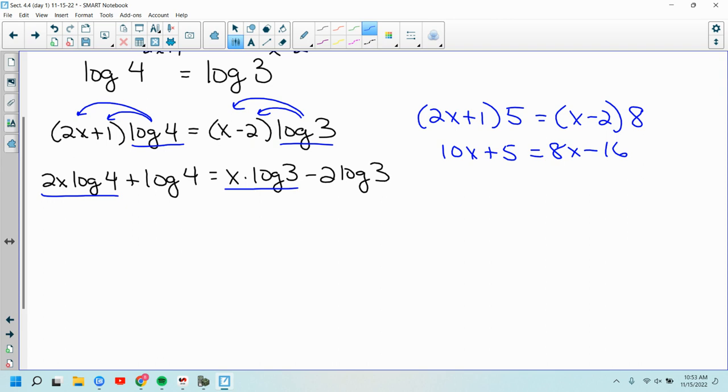So I'm going to subtract 2x log of 4 here. And that means I have to add 2 log of 3 to both sides.